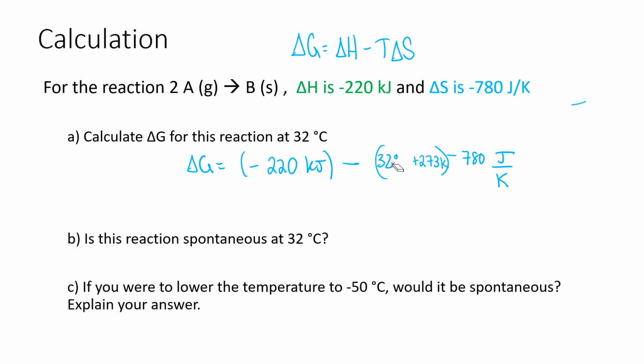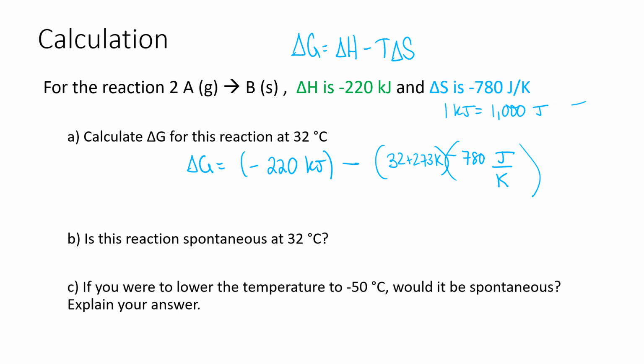Okay, so pay attention to your units here. I'll just rewrite this. So 32 plus 273, that's Kelvin. And then notice how this number is in joules, but this number over here is in kilojoules. So I need to convert my joules to kilojoules. And this is one of those metric prefixes we need to know: a kilo is 1,000.